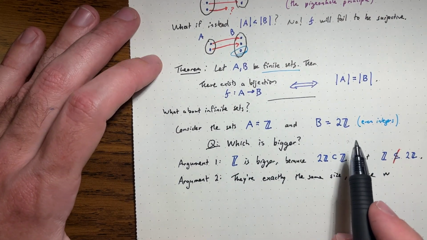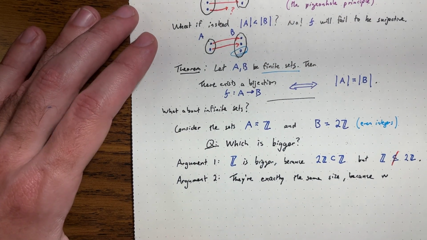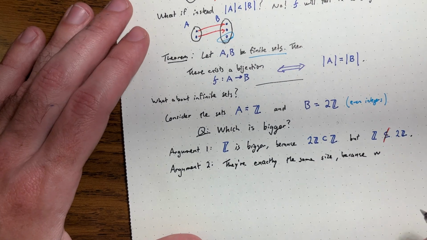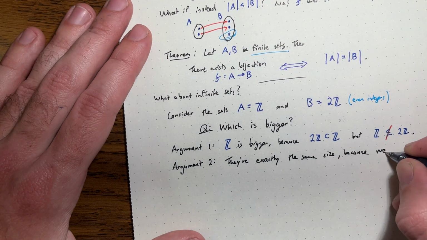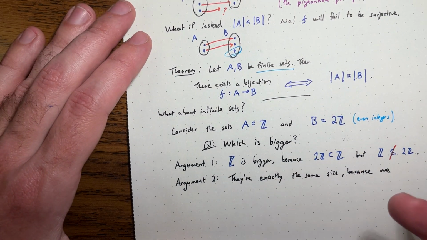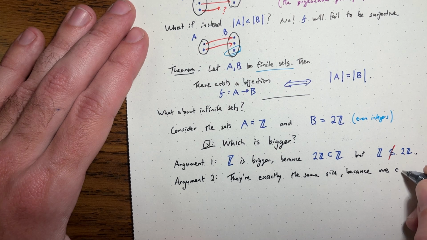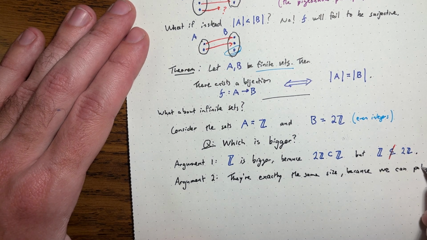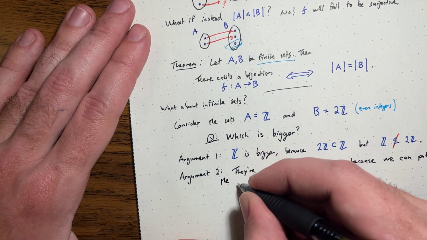I mean, you could say they're both infinite, so their size is both infinity. That's a little bit of a cop-out. I want to give you an even more convincing argument. Because, for all we know, there might be infinities that are bigger than other infinities.